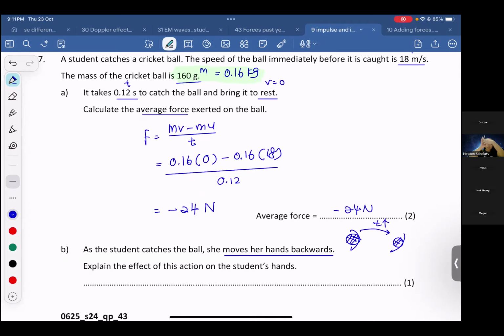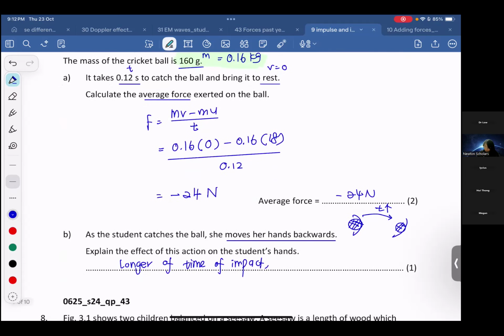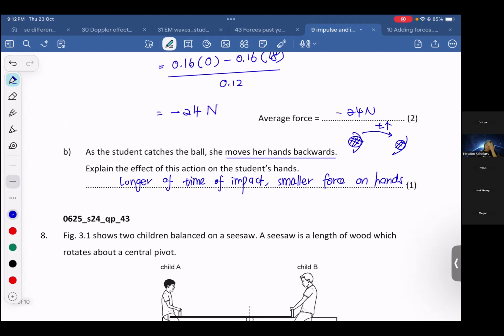You don't catch it in only a very short time. You catch it and then move backward to stop it, so you are increasing the time. So we say that the longer the time of impact, the smaller the force on the hand.